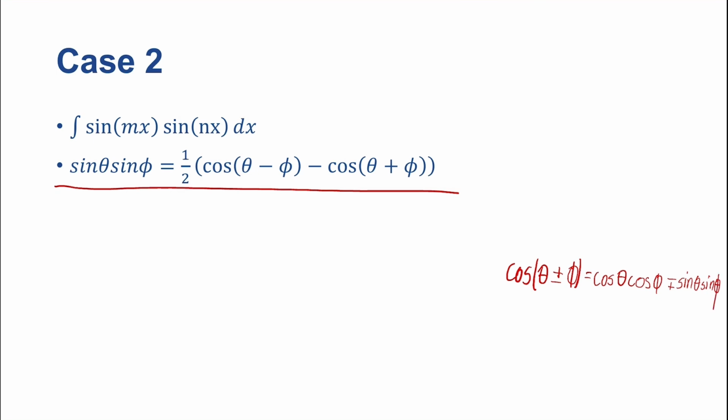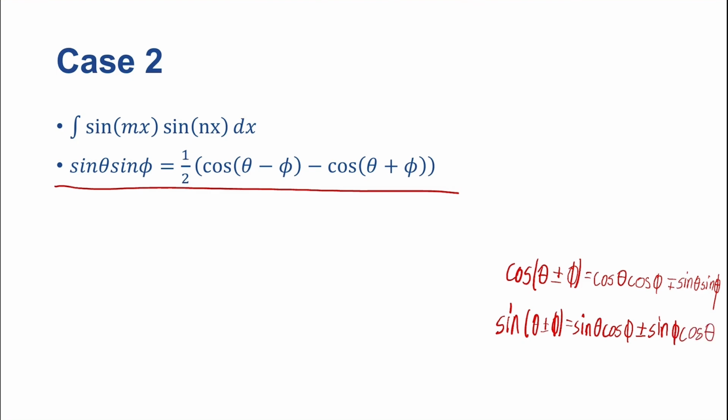It's kind of the opposite. Okay, then we've got the sine of theta plus or minus phi is equal to sine theta cos phi plus or minus sine of phi cosine of theta.